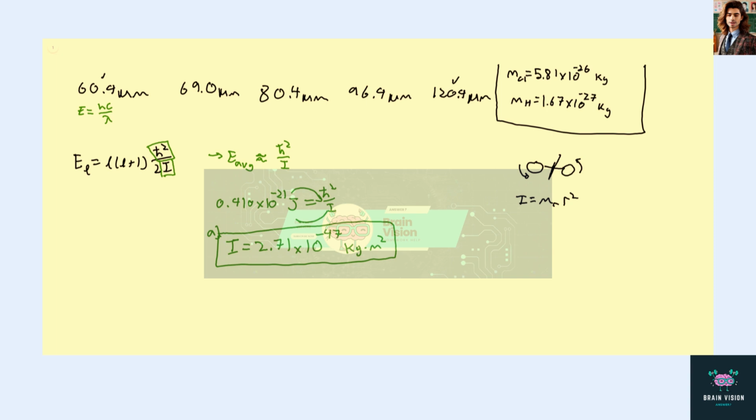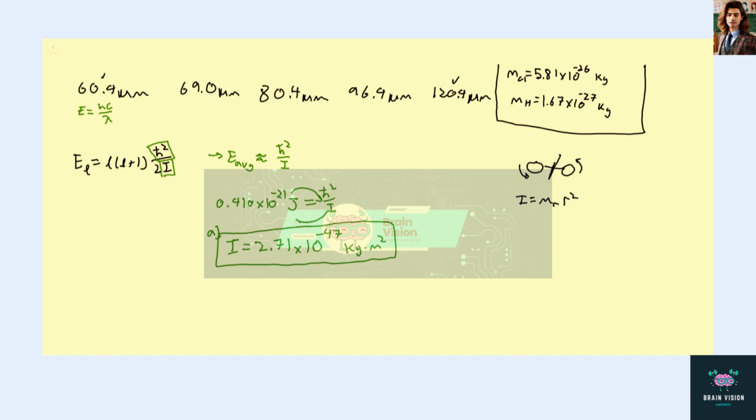And part B tells us that the value of L changes by plus or minus 1 in rotational transitions. So there's no jumping from L equals 2 all the way to L equals 9 or anything like this.